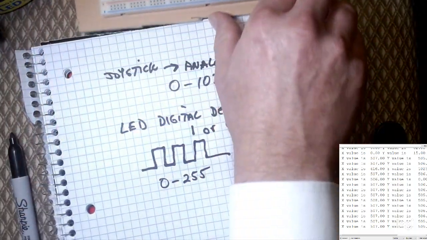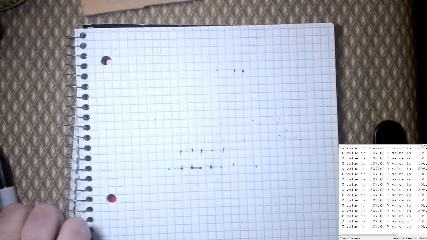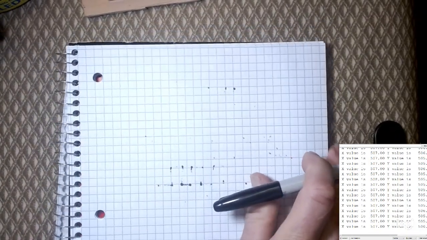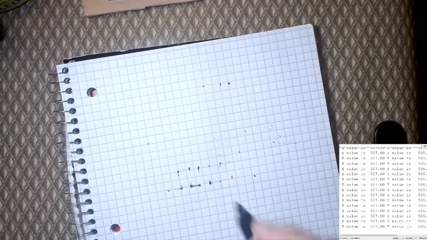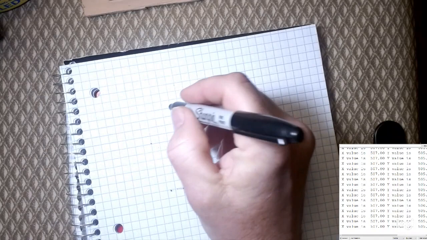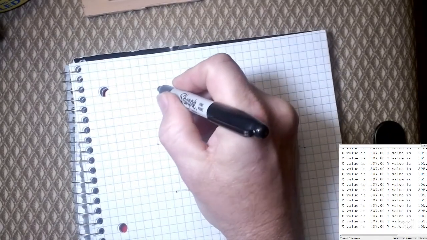Well, unfortunately, or fortunately I should say, we're going to have to do a little math. And so, oh no, math. So we're going to have to convert this. So let's just think about this.